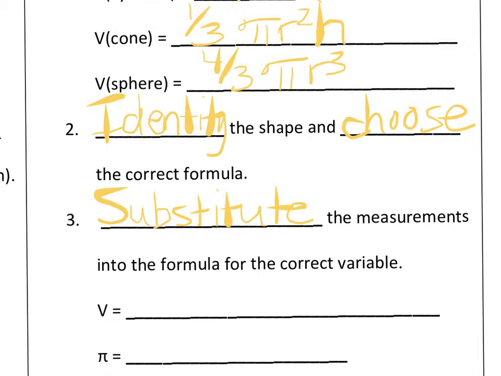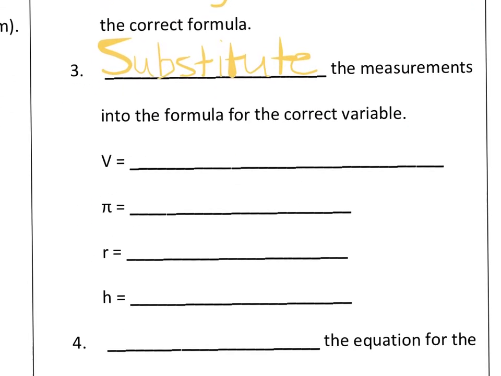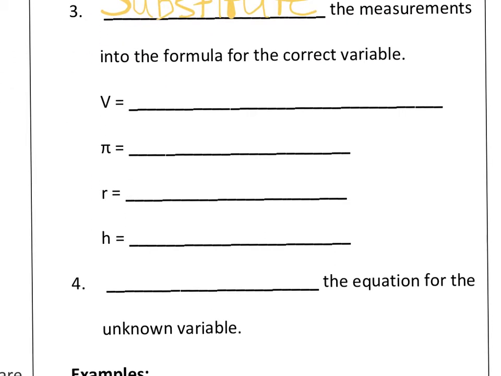And let's talk about some of those variables that you will see in these formulas. The V in the formula is volume. Pi, remember, is an irrational number, goes on forever, but we can use the estimate of 3.14 for pi. You can use the pi button in your calculator. It will give you a longer decimal than 3.14 as an estimate.